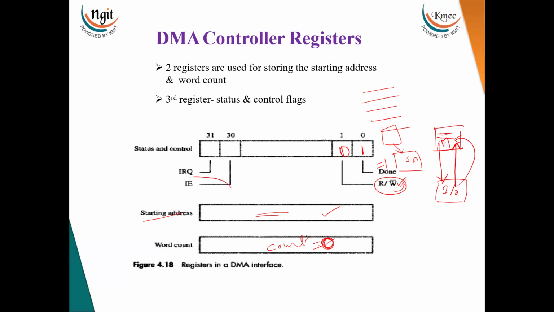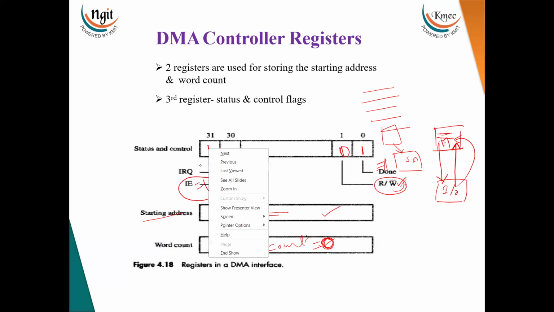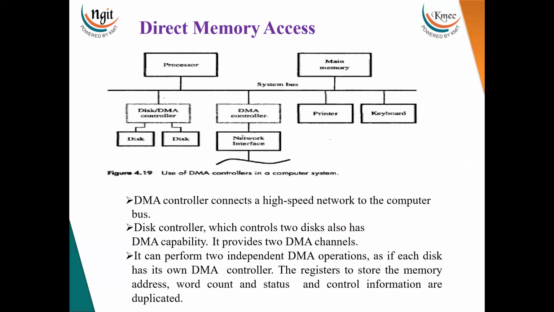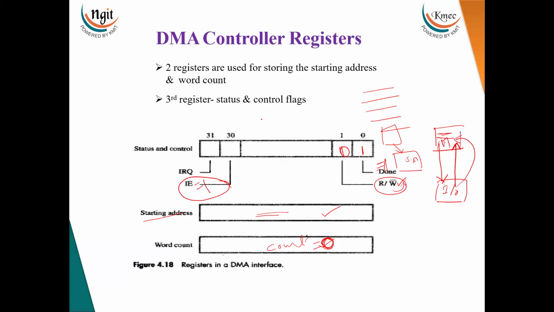Now within the status and control register, if the interrupt is enabled, once the operation is done and the done bit is equal to 1, it will send the interrupt to the microprocessor by setting the IRQ bit equal to 1. When the IRQ bit is equal to 1, the microprocessor receives the interrupt signal, and it will again take control of the bus.